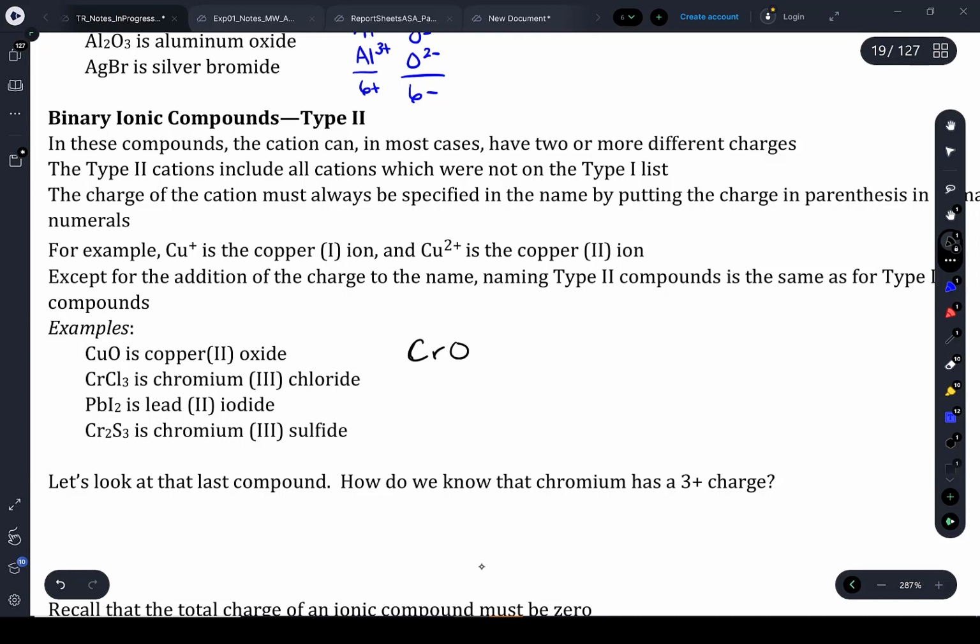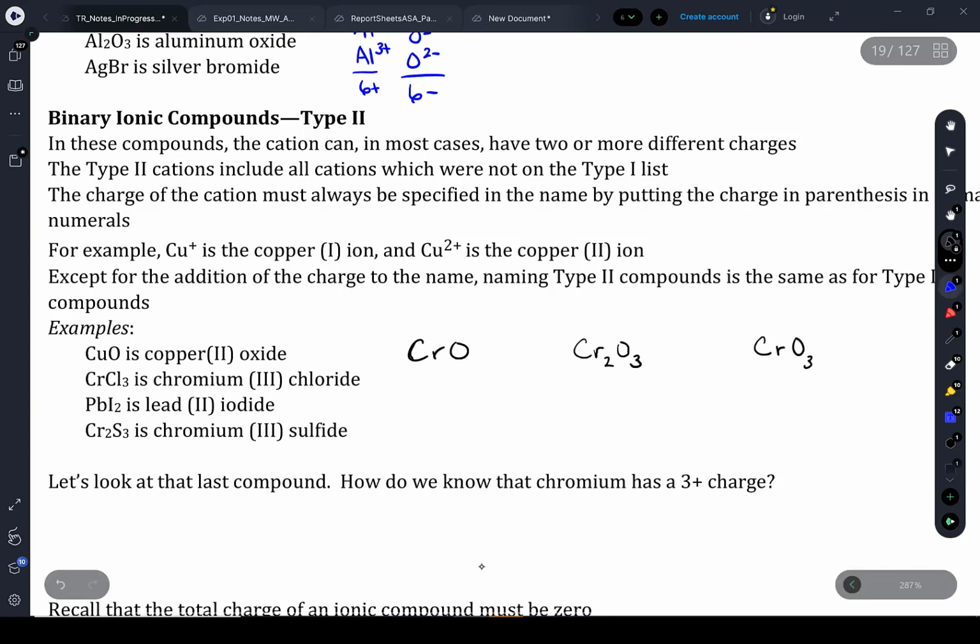The 3 chromium oxides. These 3, to my knowledge, all exist. I'm certain that the last one exists, and I'm quite sure that at least one of these 2 on the left exist.